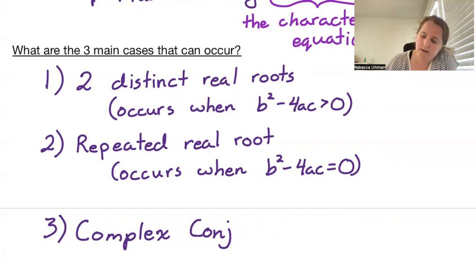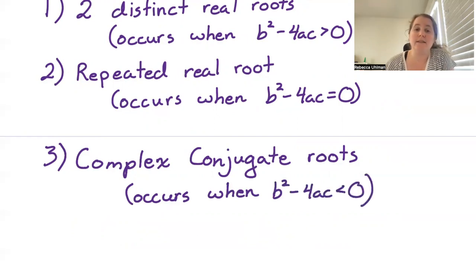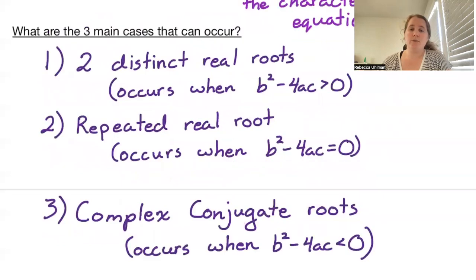So complex conjugate roots. And this occurs when b squared minus 4ac is negative or is less than 0. So these are sort of three distinct cases we can work on.